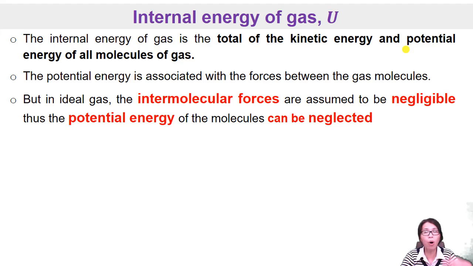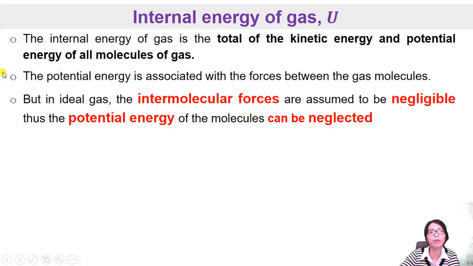Anyhow, if we recall the assumptions we have for the kinetic theory of gases, we see that for ideal gas, the intermolecular forces are assumed to be negligible. We assume that there will be no intermolecular forces between the gas molecules. There will be no attraction force, and no repulsion force between the molecules of the gases.